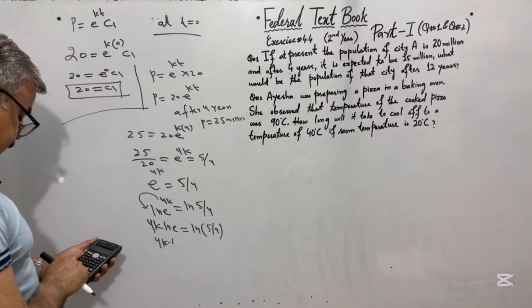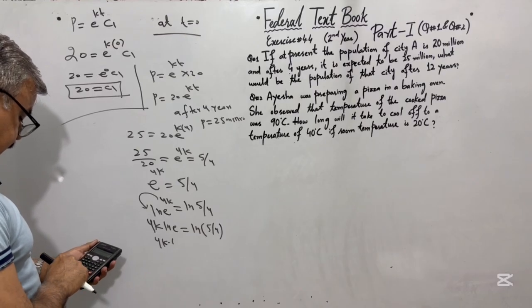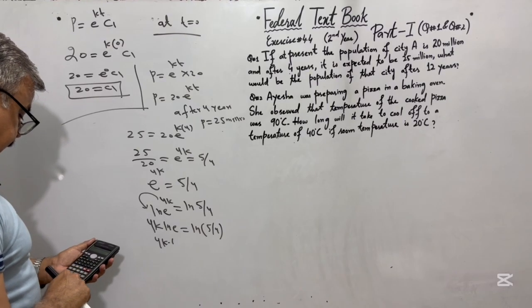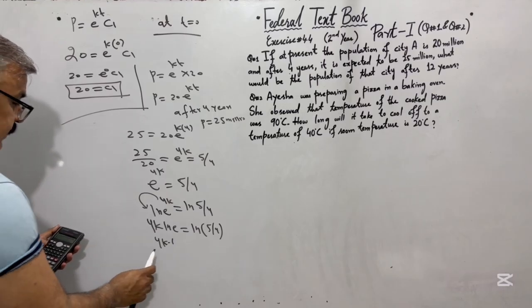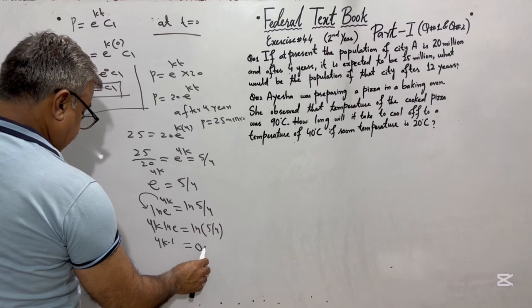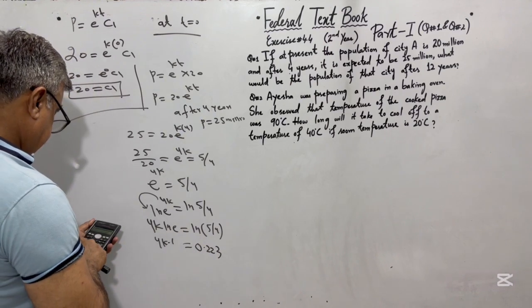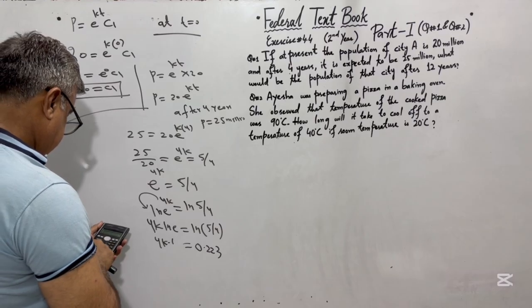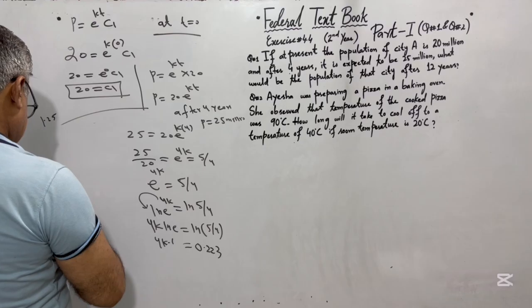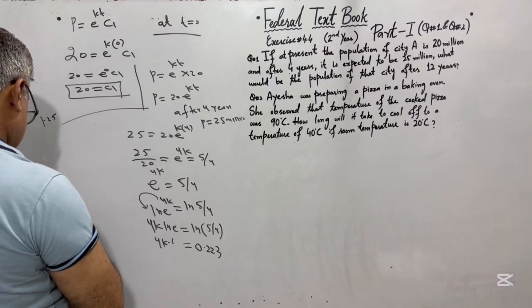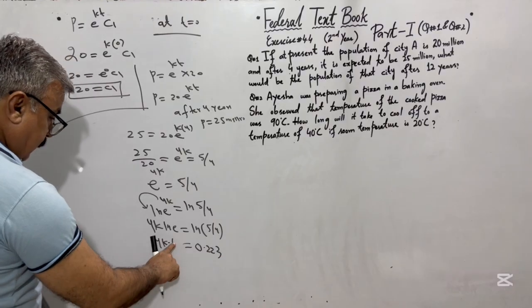Let me confirm: 5 divided by 4 is 1.25, and ln 1.25 is 0.223. So 4k is equal to 0.223.